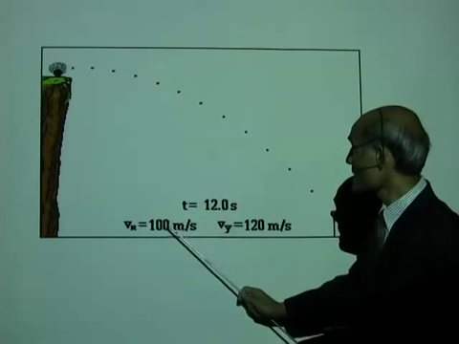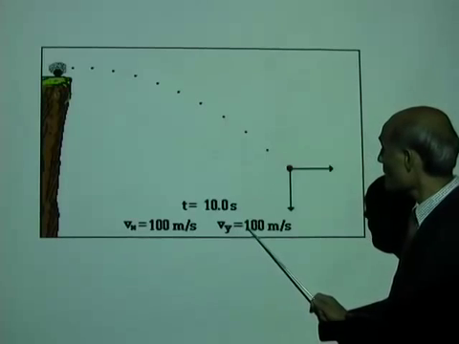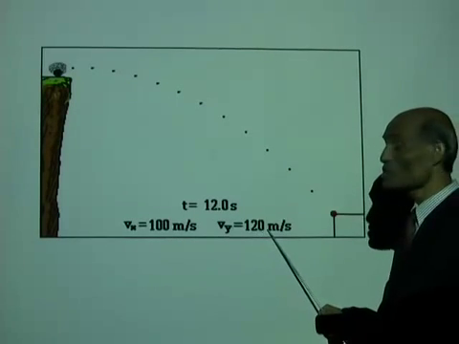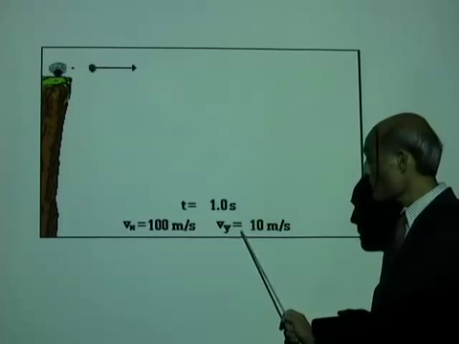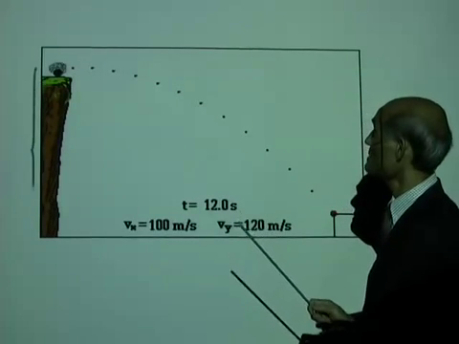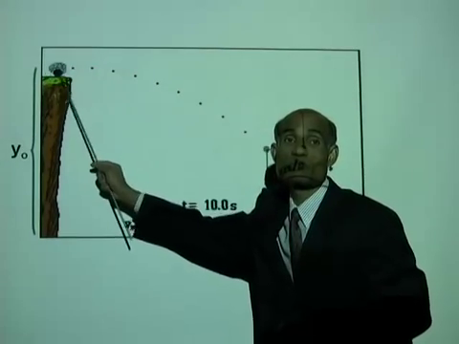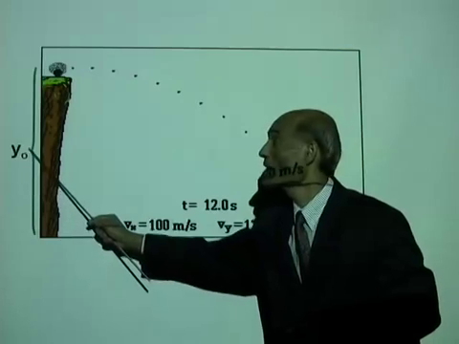As the animation proceeds, Vx does not change, but Vy keeps on changing. Remember that Vy is negative because it is directed downwards. This is y0. The projectile is projected from a height y0.